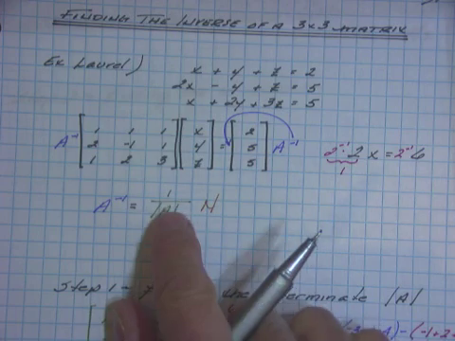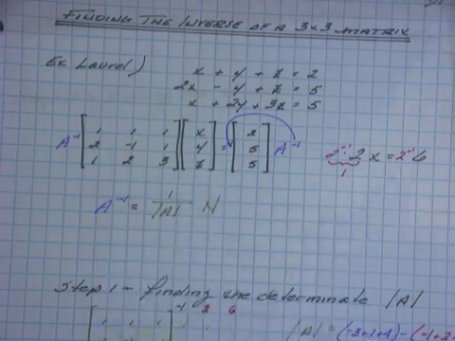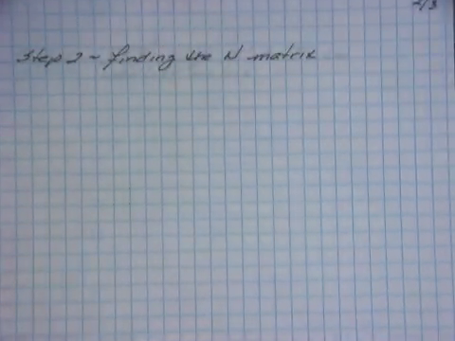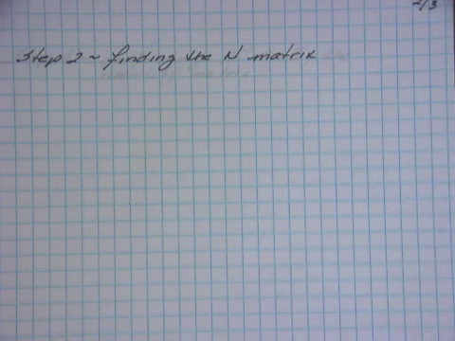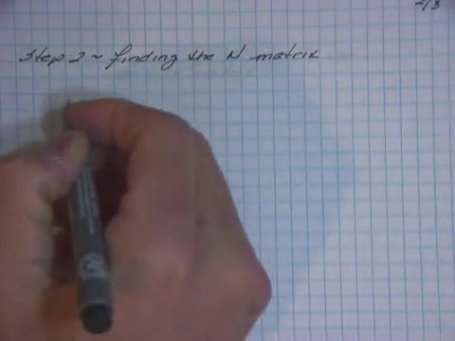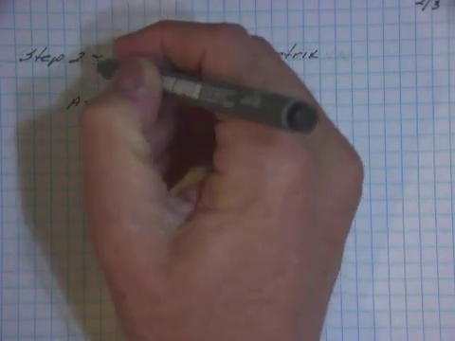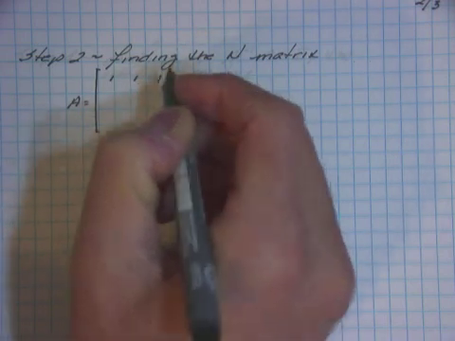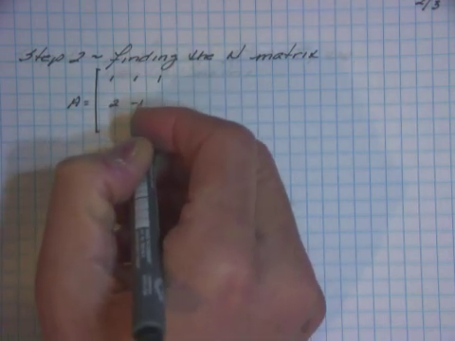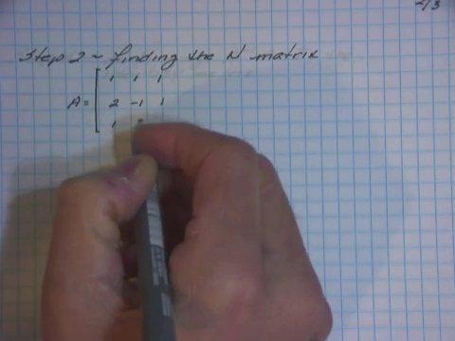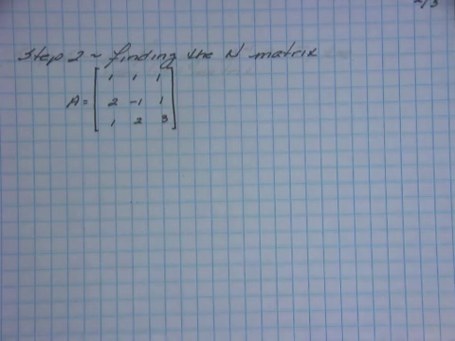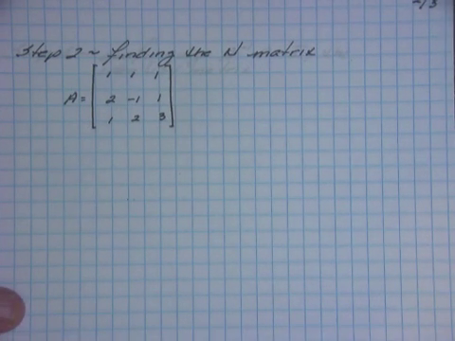Now, here's an interesting part. We've got to find that matrix N, because the inverse of A is 1 over the determinant times this mystery matrix N. So we're going to figure out what that is. This is some interesting mathematics right here. I'm going to transfer over A equals 1, 1, 1, 2, negative 1, 1, and 1, 2, 3.